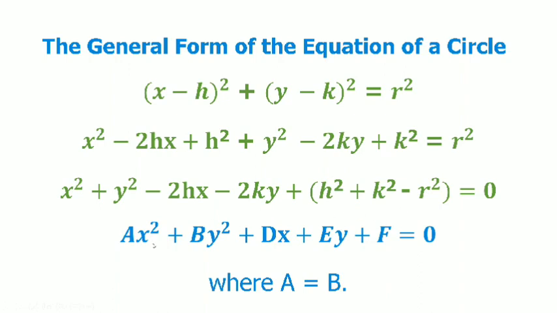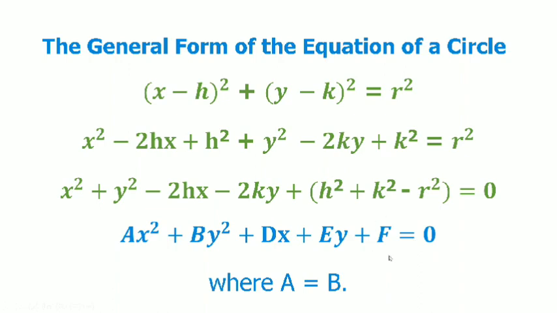So in symbols, since the coefficients of x squared and y squared here are equal, always remember the coefficients a and b, one represents the numerical coefficient of x squared, and the other is for y squared. And they are always equal. So we have now here ax squared plus by squared plus dx plus ey plus f equals 0.